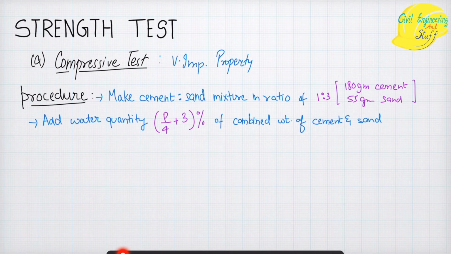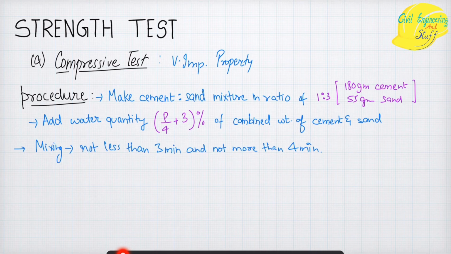P is again the quantity of water content that will give us the desired consistency, right? Now the mixing should not be less than 3 minutes and should not be more than 4 minutes.